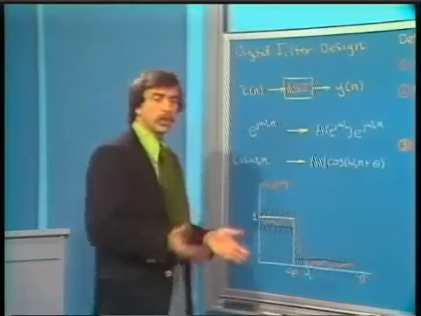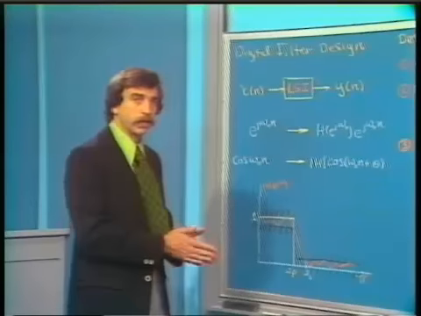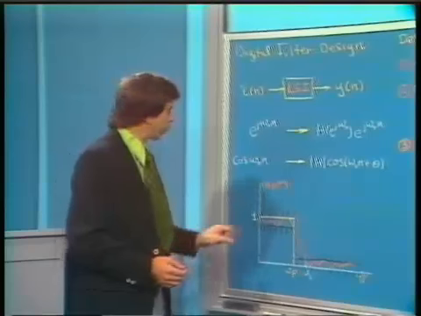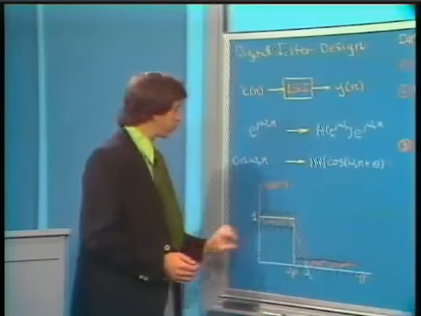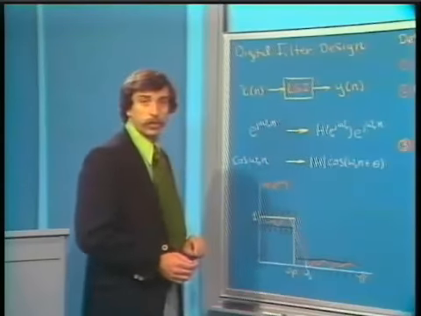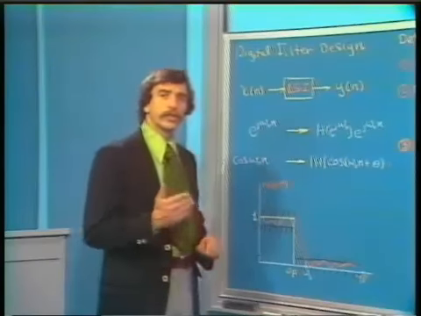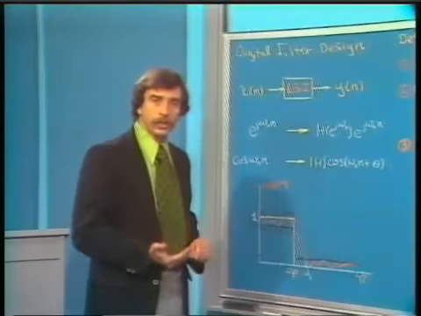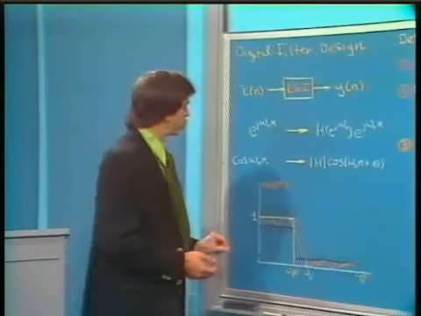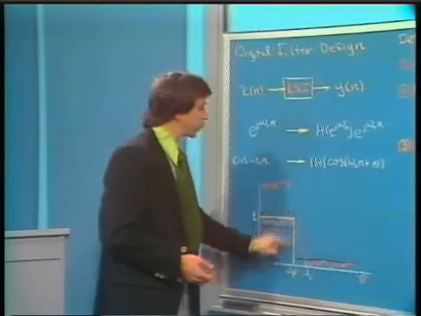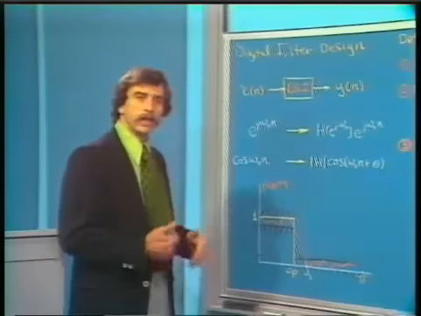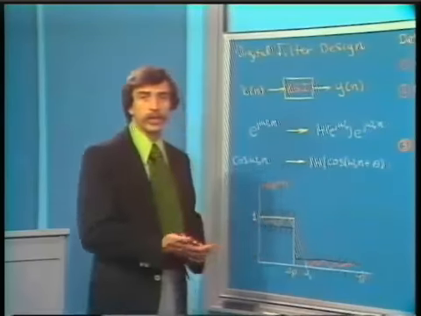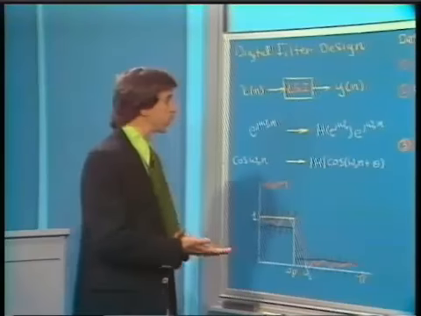So what the digital filter design problem is then is, given a set of specifications on the filter, recognizing that we can't implement an ideal filter, but in fact allowing some deviation from the ideal filter, the digital filter design problem is then to design a rational transfer function which approximates, in some sense, this ideal filter, maintaining the specifications of passband and stopband deviation that we've imposed on the problem.